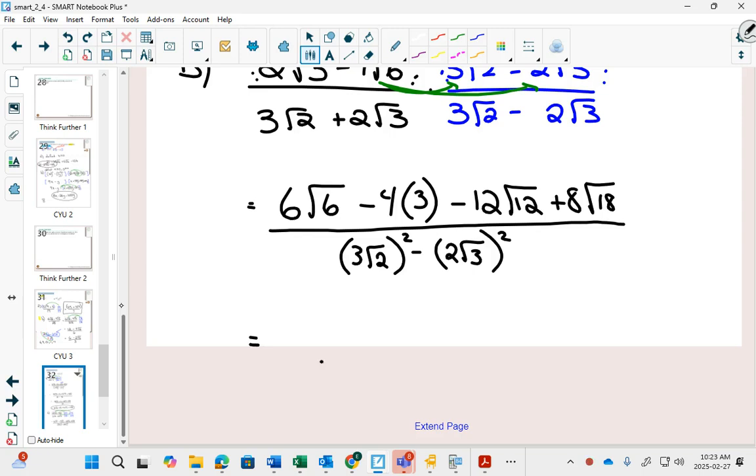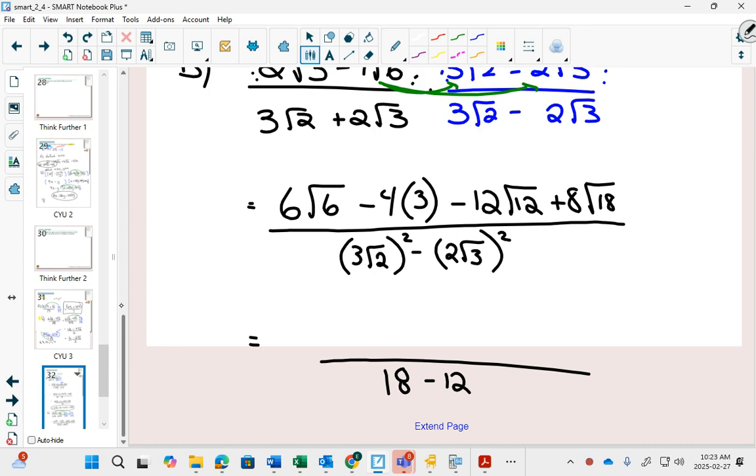So the bottom, I'm going to have to simplify. This is going to be 3 squared is 9, times root 2 squared is root 4, which is 2. 9 times 2, 18. And here we're going to have 4 times 3, minus 12.